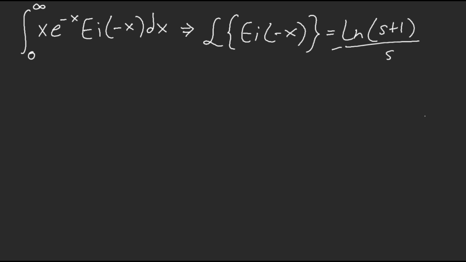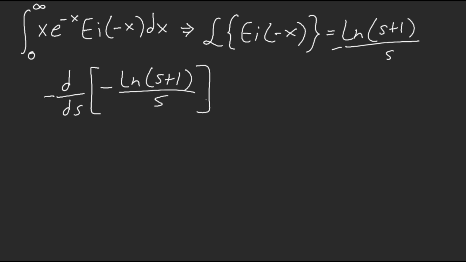Because we have x at the front, we do the differentiation. So it's negative derivative of negative ln of s plus 1 over s. Thankfully, the negative cancels out, so that's going to be okay. So what we have is, if we do quotient rule, s plus 1 minus ln of s plus 1.